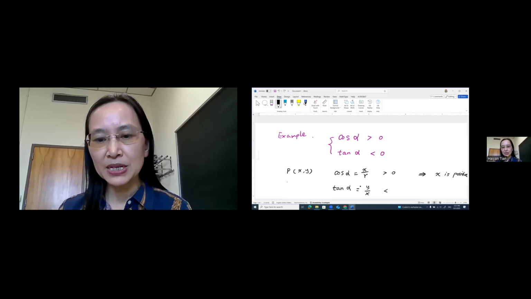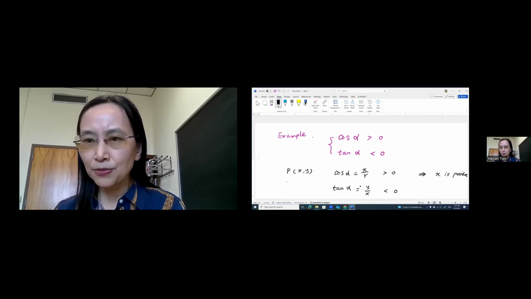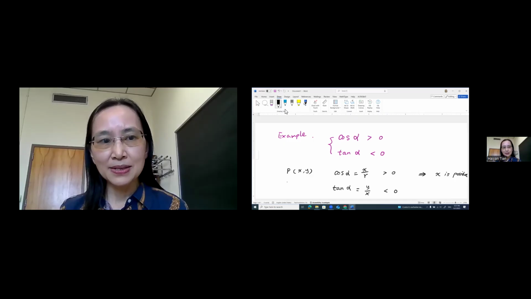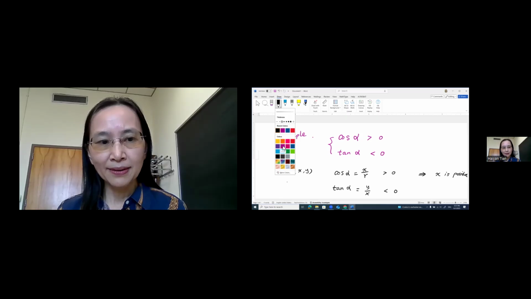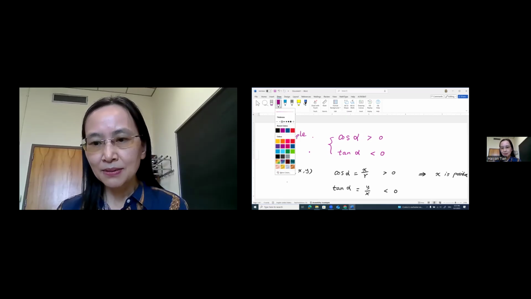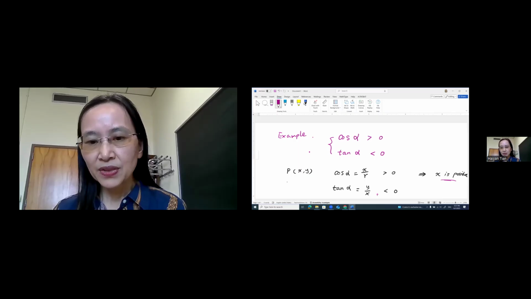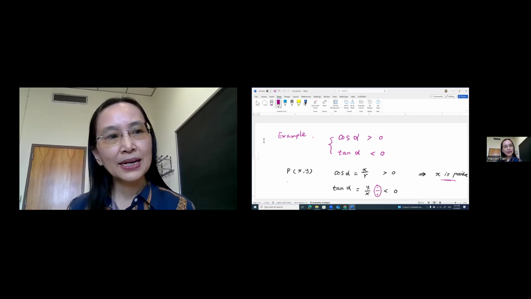This is the given information. So if we are told the tangent alpha is negative, and we know already x is positive, then what has to be the sign for y? You see, from the previous condition, we know x is positive, then y has to be negative, right? So the negative over positive will be negative.